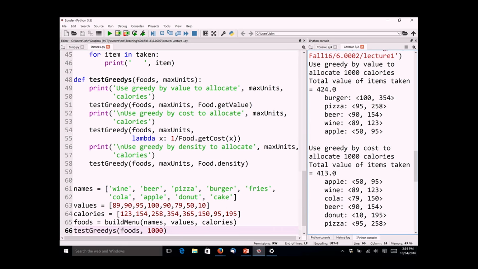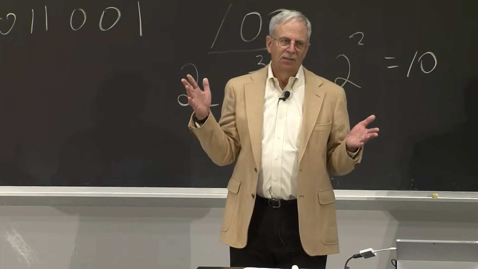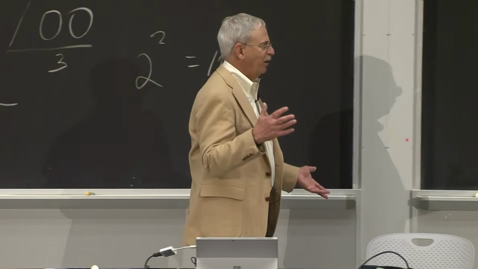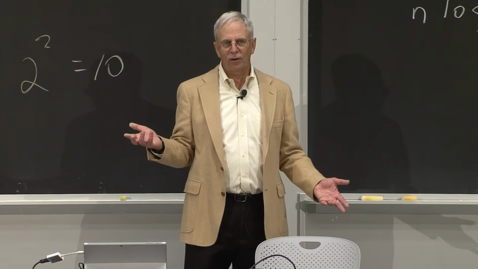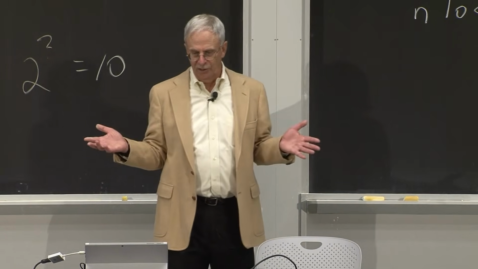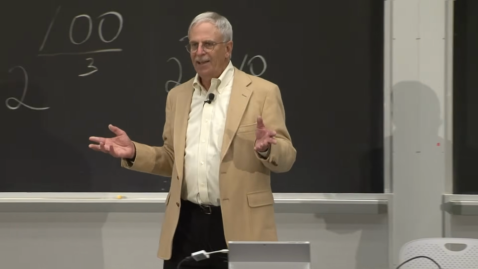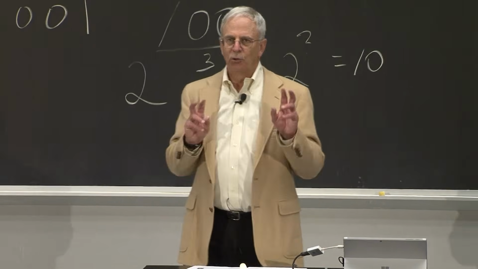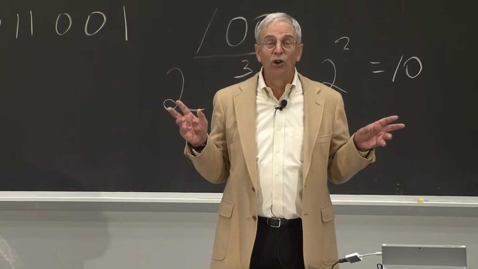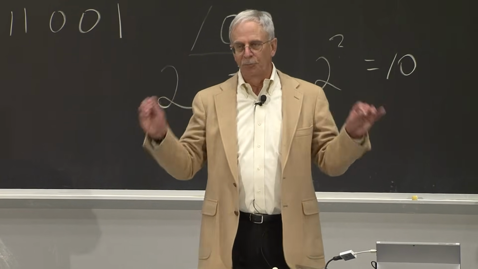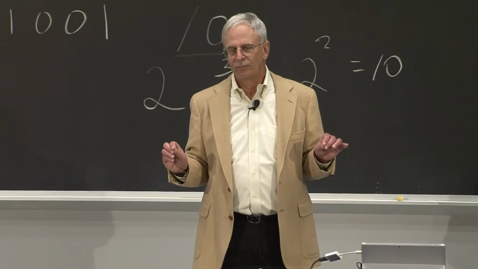It happens to find a better answer, 424 instead of 413. So there's no way to know in advance. Sometimes this definition of best might work, sometimes that might work. Sometimes no definition of best will work, and you can't get to a good solution. Or you can get to a good solution, but you can't get to an optimal solution with the greedy algorithm.